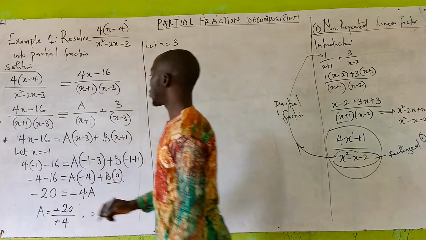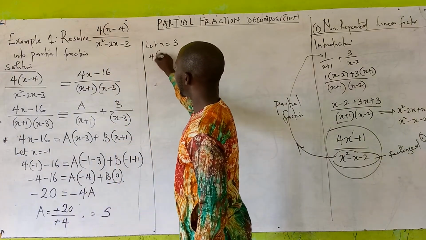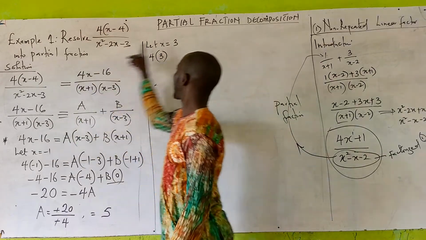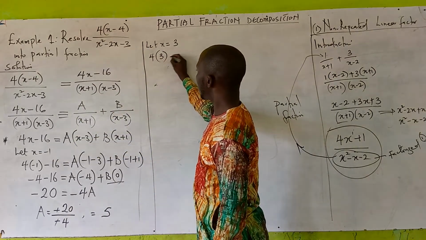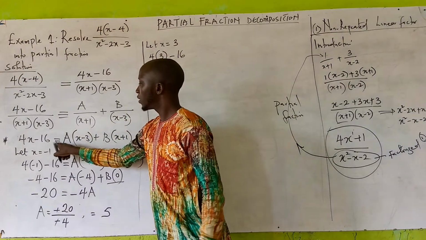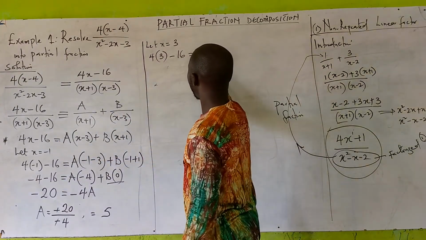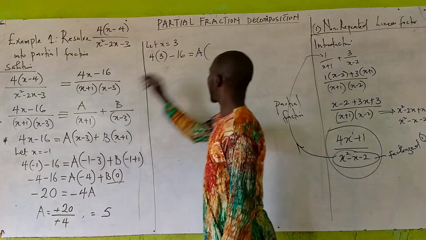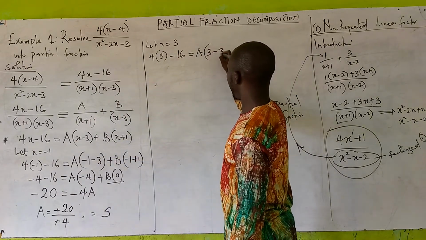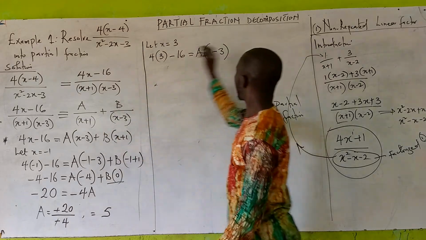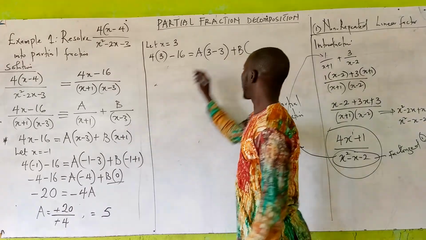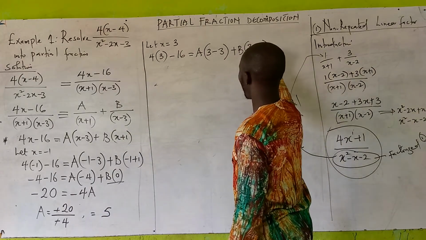We're still going to solve the equation, so we have 4 into bracket 3, since our x now is 3, minus 16 equals a into bracket, our x is 3, 3 minus 3, plus b into bracket, our x is 3, so 3 plus 1.